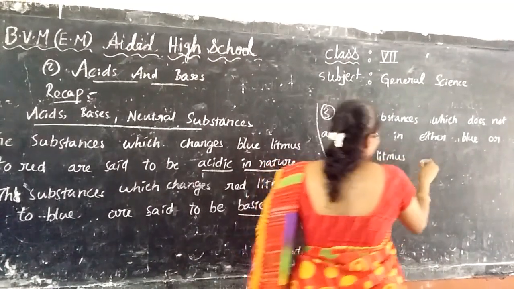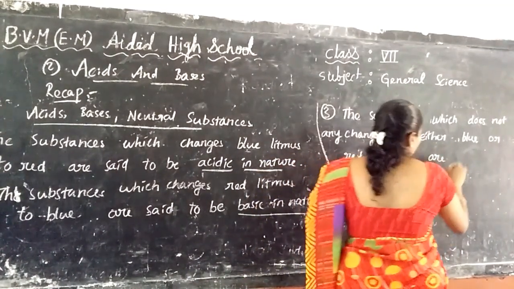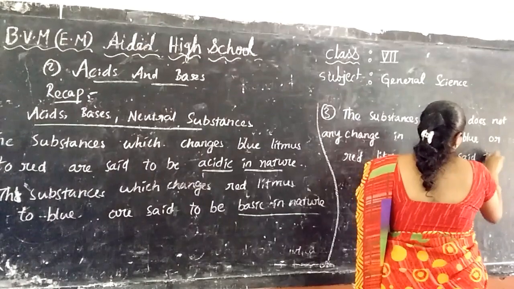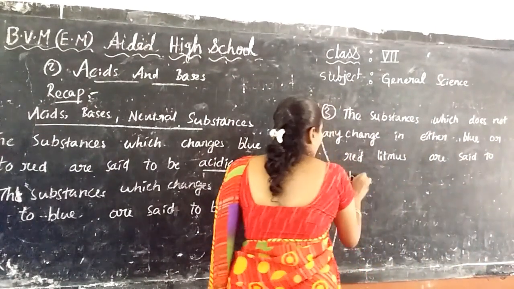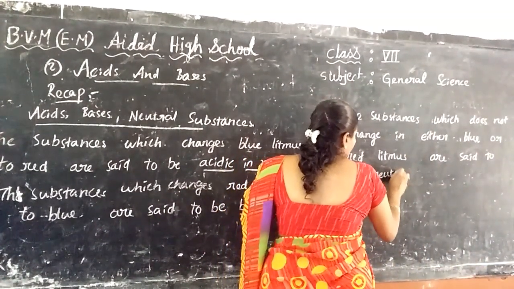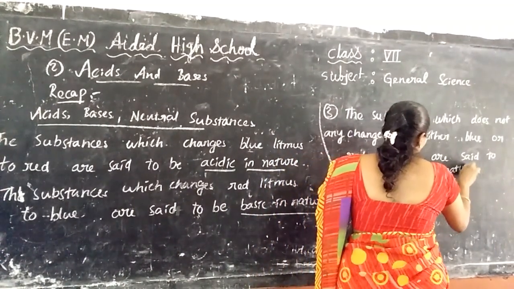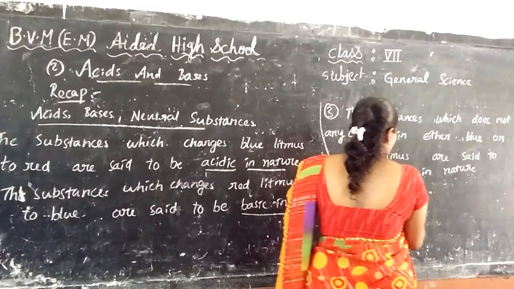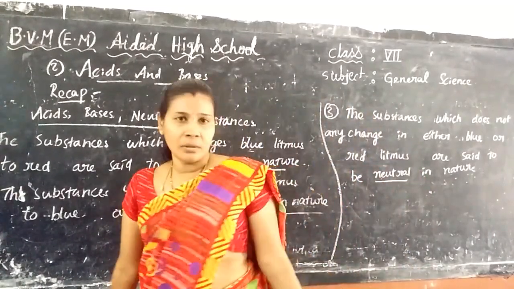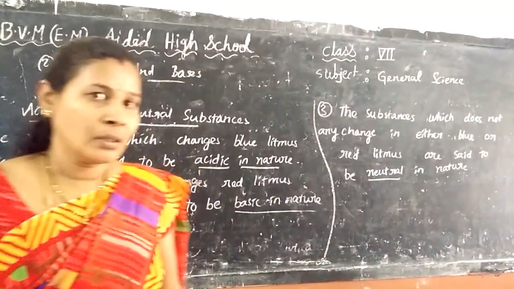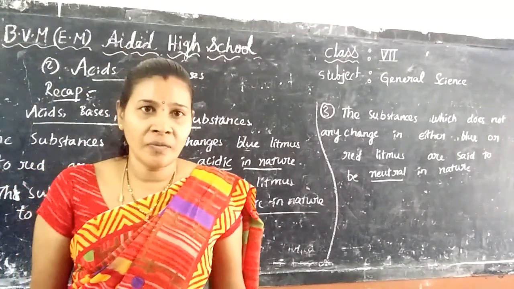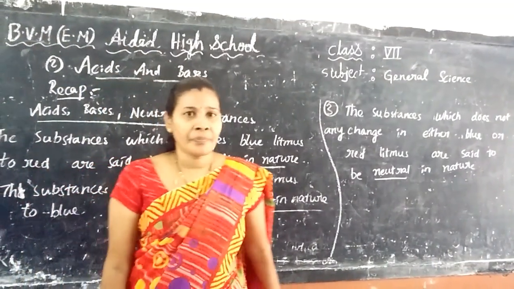Those types of substances are said to be neutral in nature. Those are called the neutral substances. For example, common salt. Generally we use common salt in every food item, curry.